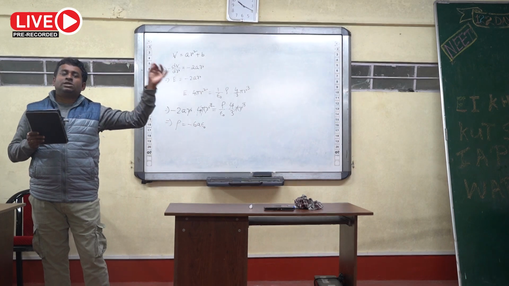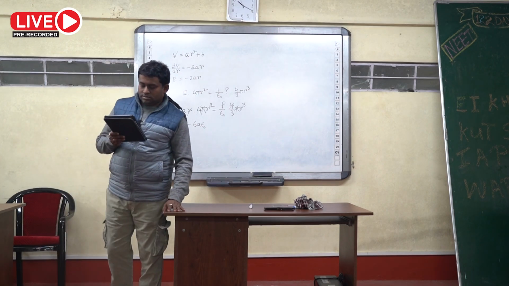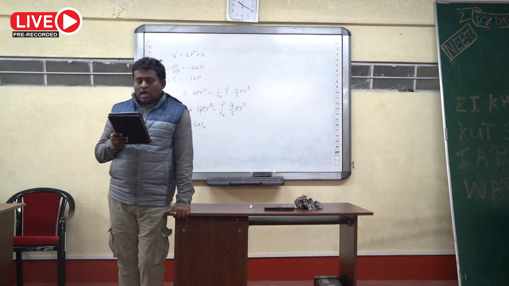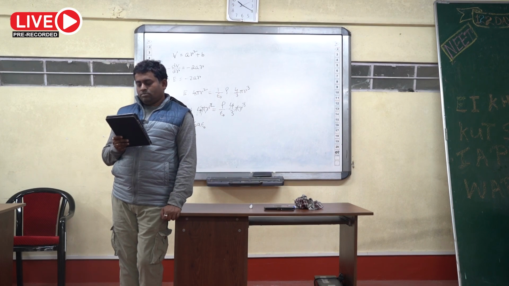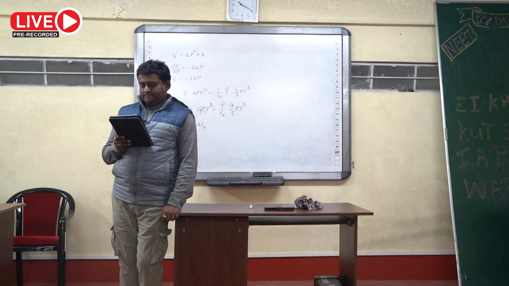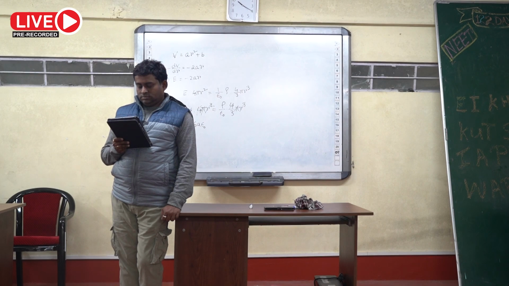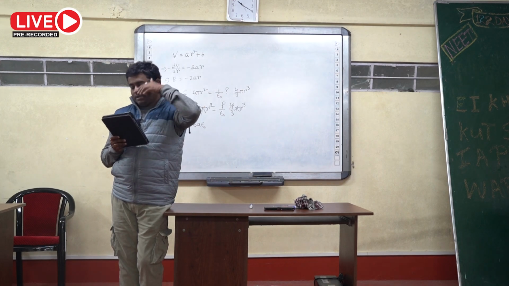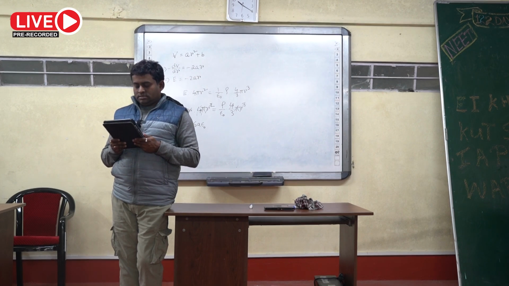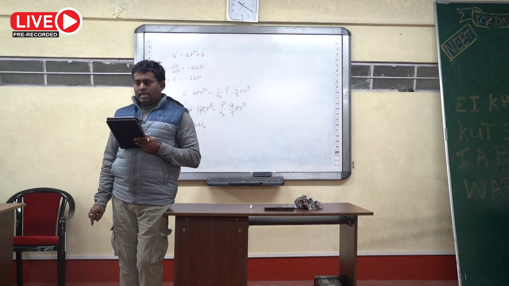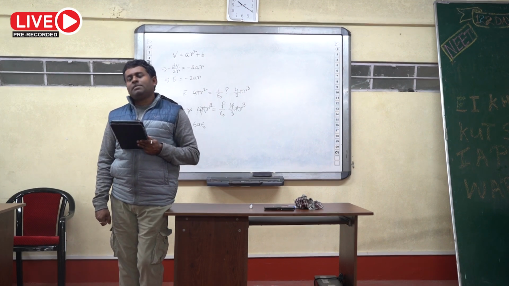A third charge Q3 is moved along the arc of a circle of radius 40 centimeter from C to D. The change in potential energy of the system is Q3K by 4 pi epsilon naught.